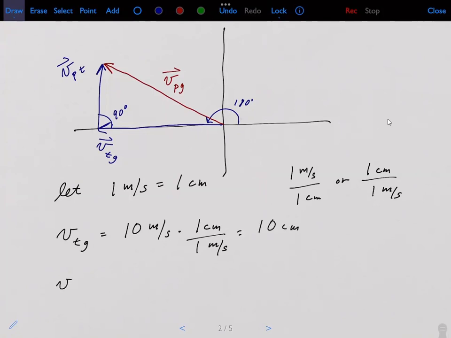And then velocity of person relative to train, that was given as 4, right? The magnitude is 4 meters per second. So again, if I multiply by 1 centimeter over 1 meter per second, that's going to give me 4 centimeters. Okay, and so let me go now to the graph paper and we'll actually solve this problem.